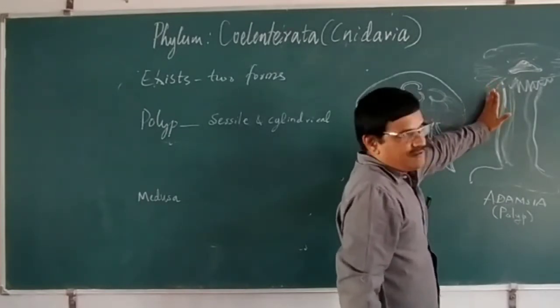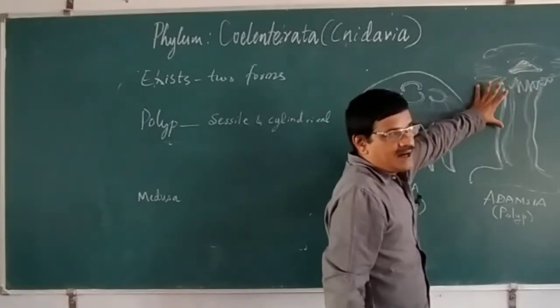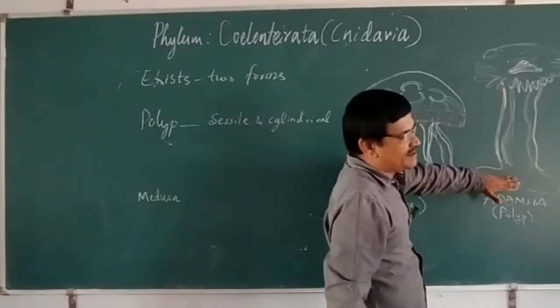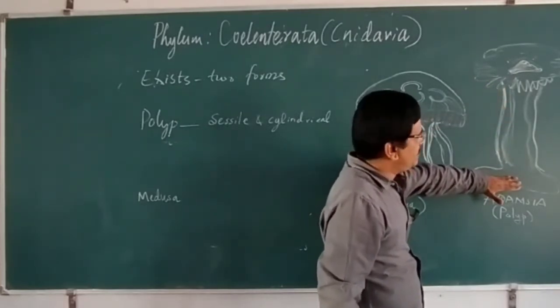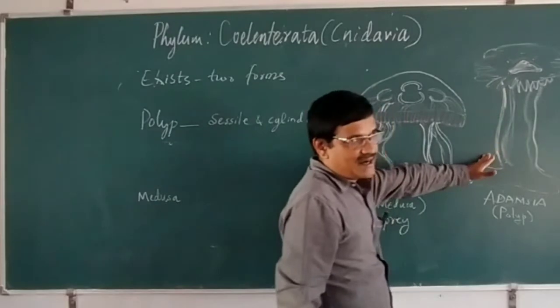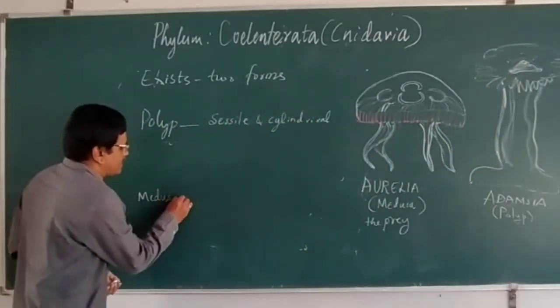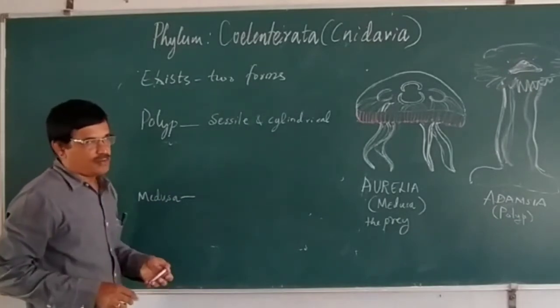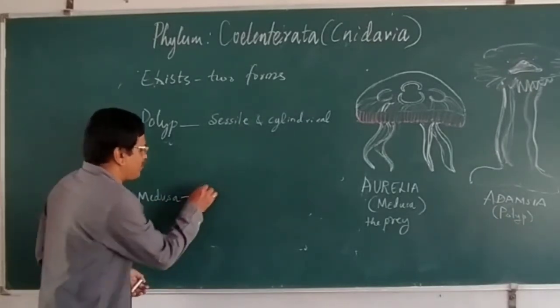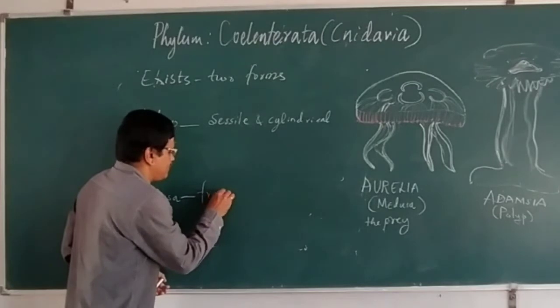It's a polyp, attached to the substratum, and its body is cylindrical. Another form is the medusoid form or medusa form. They are free swimming.